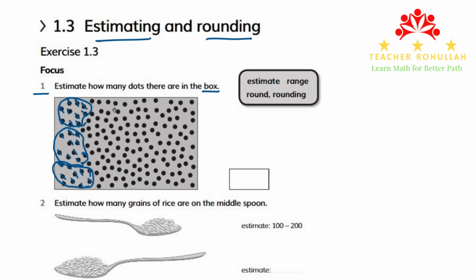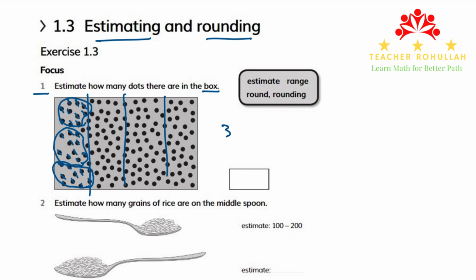Now we split the whole box into 4 pieces, and we assume that each piece contains about 30 dots. So how many pieces we have here? 1, 2, 3, and 4.